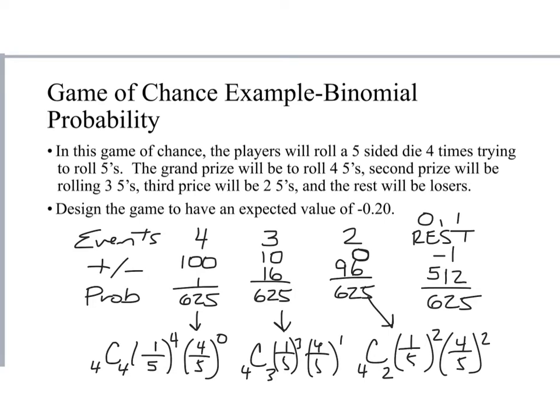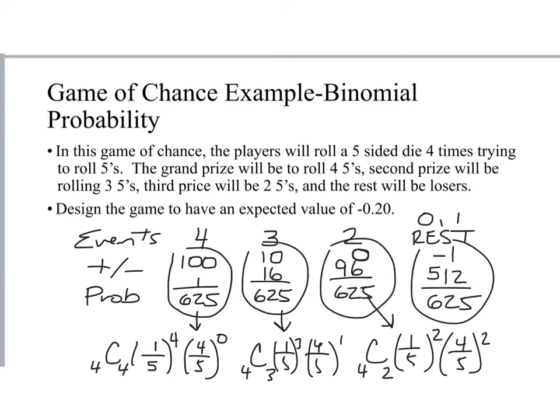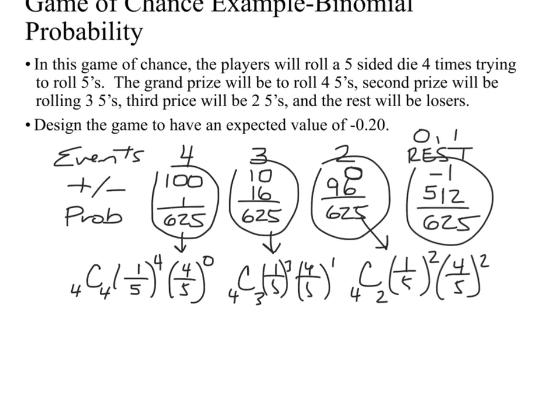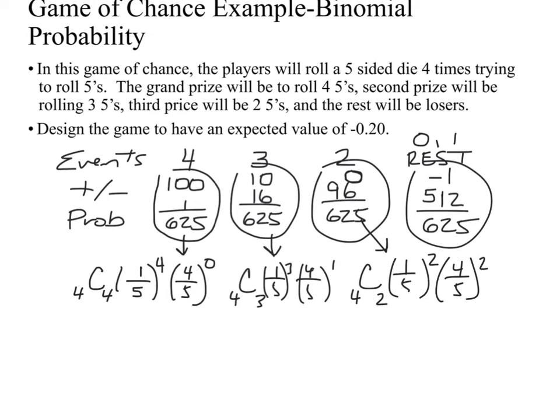Now to calculate this again, we're going to do our product of these. And that would come up to be 100 out of 625, plus 160 out of 625, plus 0, minus 512 out of 625.